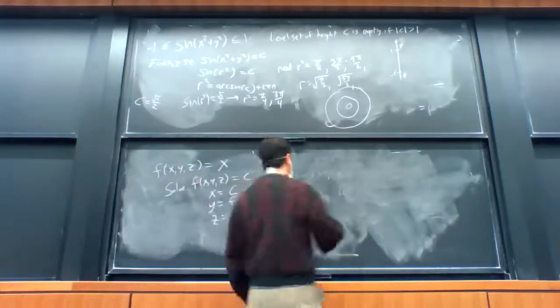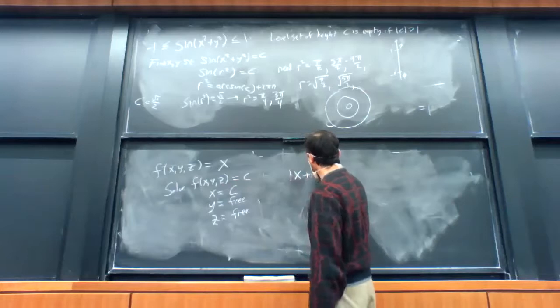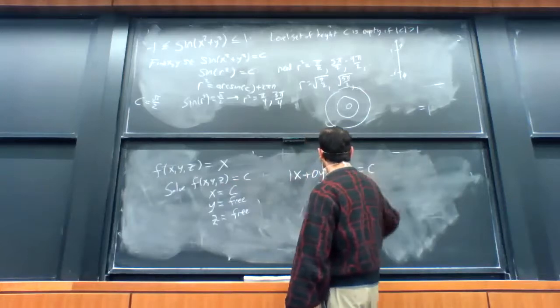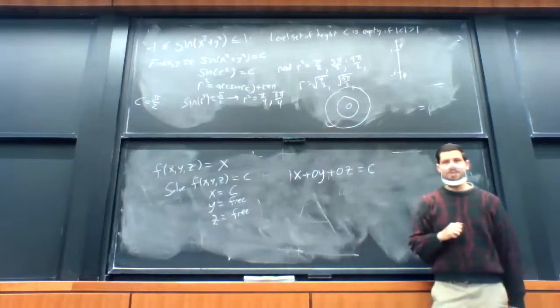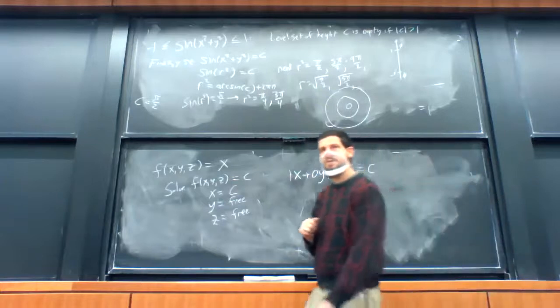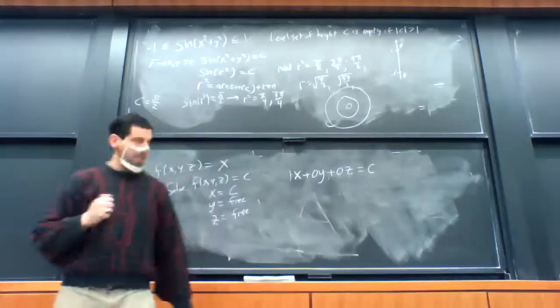So what kind of object is this? 1x plus 0y plus 0z equals c. What is this the equation of? Yeah, vertical plane.